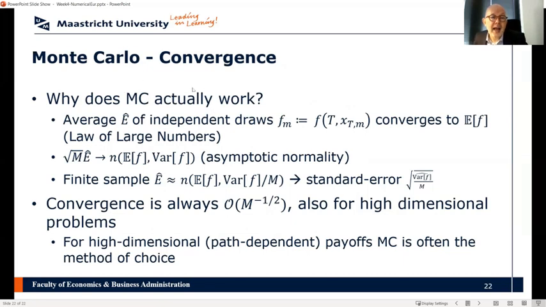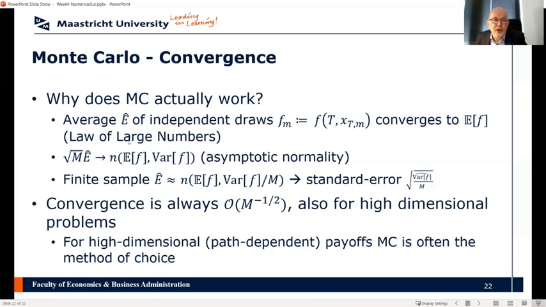Why does Monte Carlo actually work? Well, it's a simple application of the strong law of large numbers. I am taking the average of independent draws from this stochastic process. Each realized payoff value f_m is an IID draw, an independent draw from this random variable f_m, and I'm taking the average of that as the sum of these values.